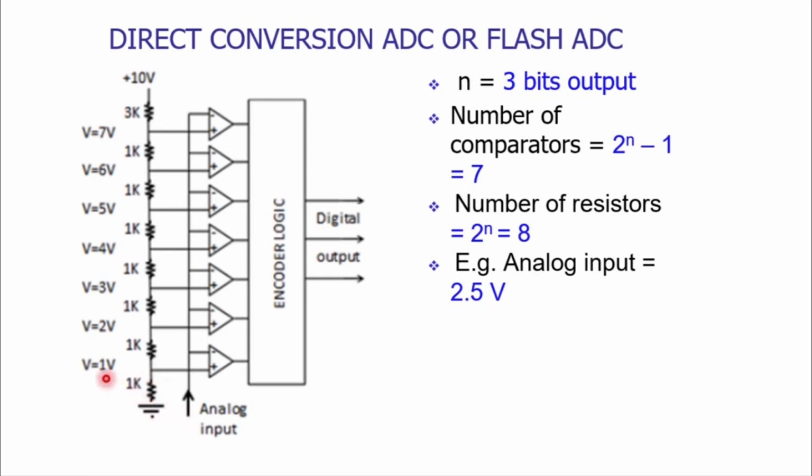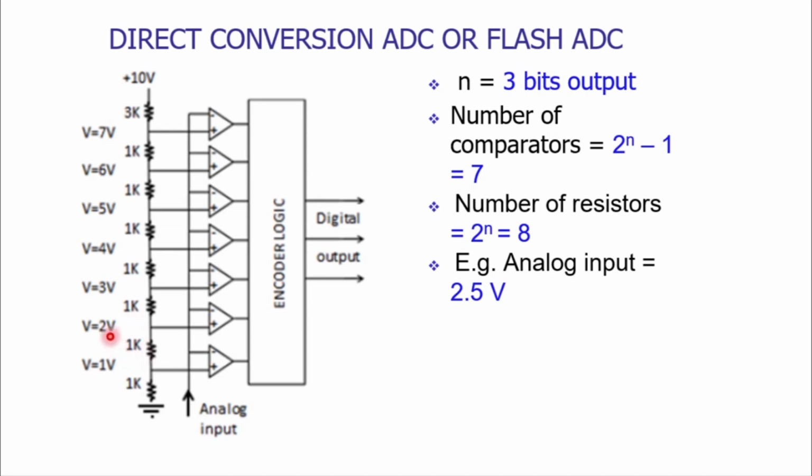And how are these reference voltages computed? They are computed based upon the final voltage that we want, that is 10 volts. It is decided that the first comparator will have a reference voltage of 1 volt, the second will have 2 volts, an increment of 1 volt from the first comparator to the second.